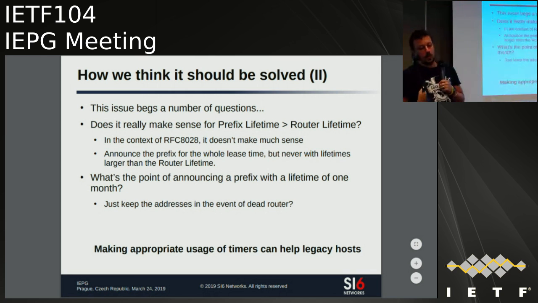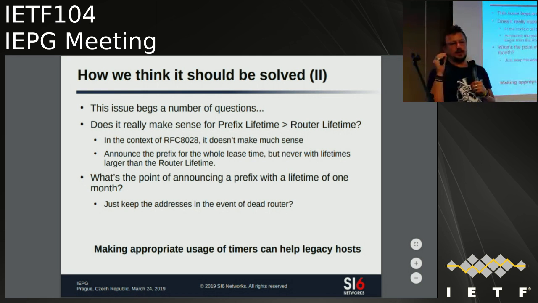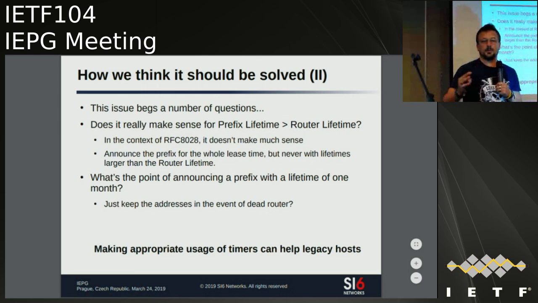Now our question is to what extent it makes sense for the prefix lifetime to be larger than the router lifetime. If you think about this in the context of RFC 8028, which is about multi-prefix networks, it essentially says that when on any given network you have multiple prefixes, the prefix should be tied to the router that advertised the prefix.